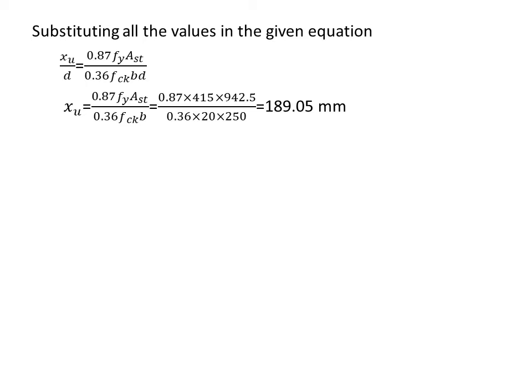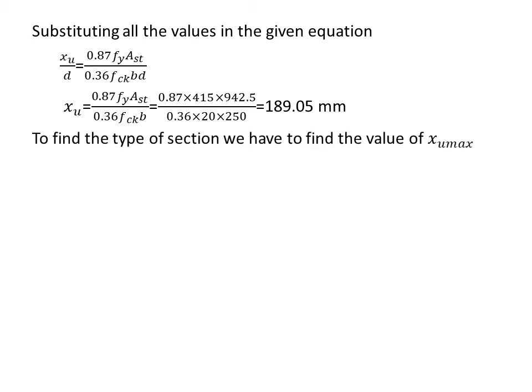So from the IS 456-2000, which is the code that we are using for this subject, XU max, and for the steel used, Fe 415. For each different type of grade, there are different values for XU max. Since Fe 415 is used here, XU max by D, or XU limit by D, is equal to 0.48.